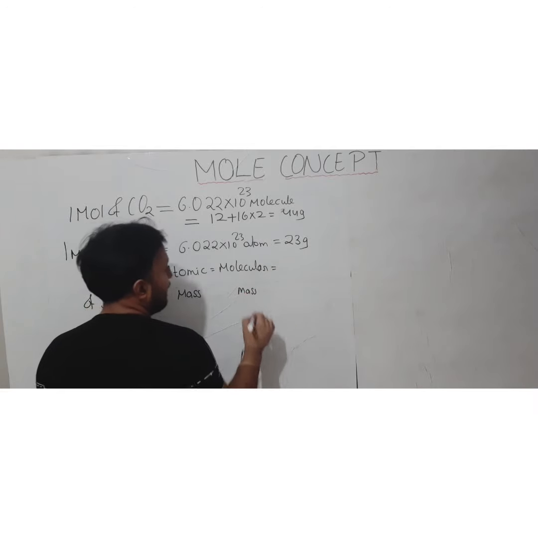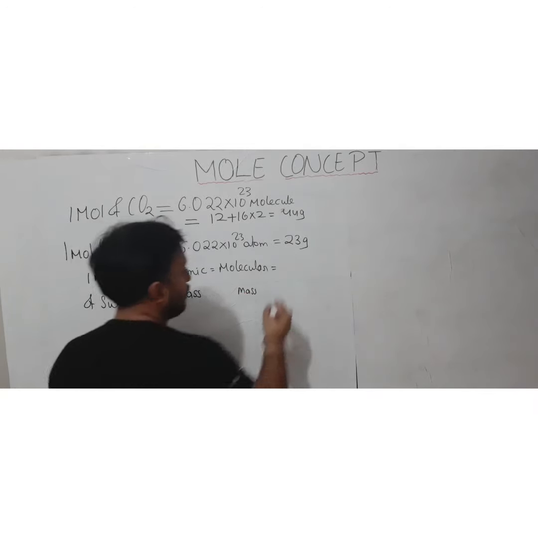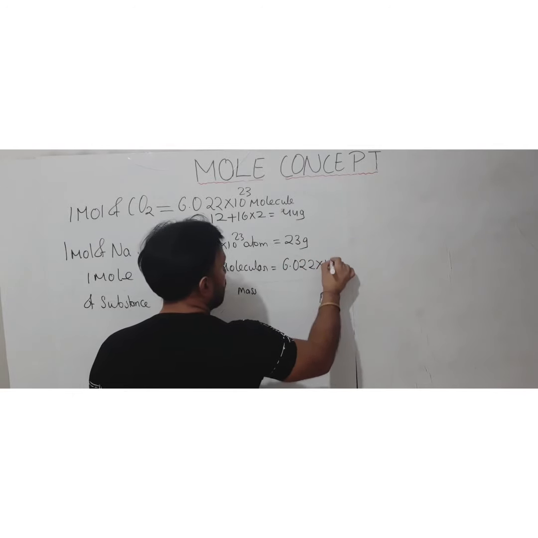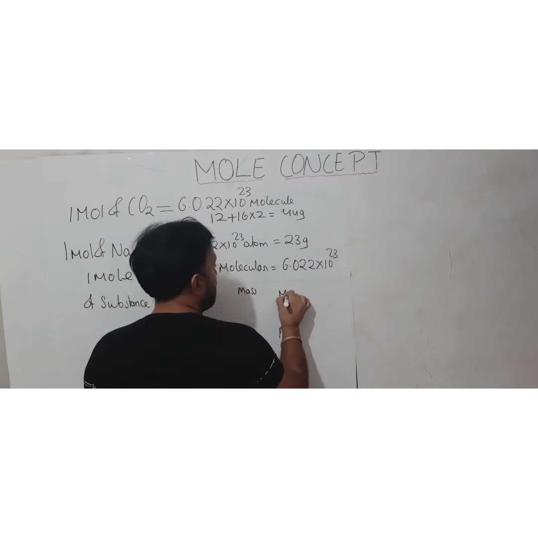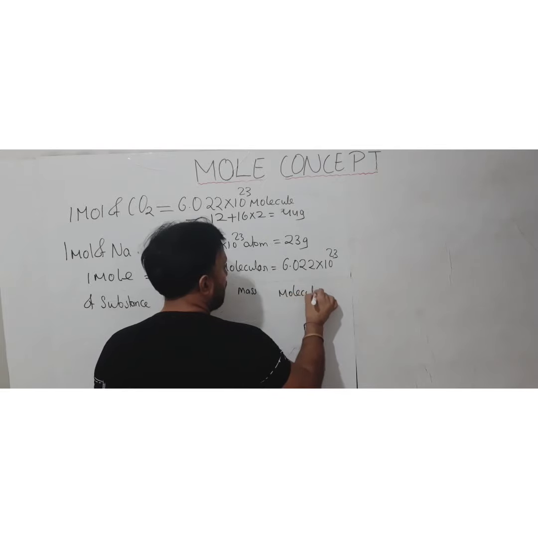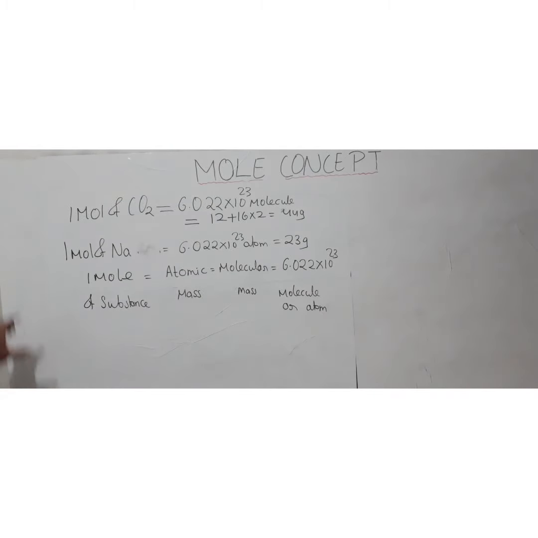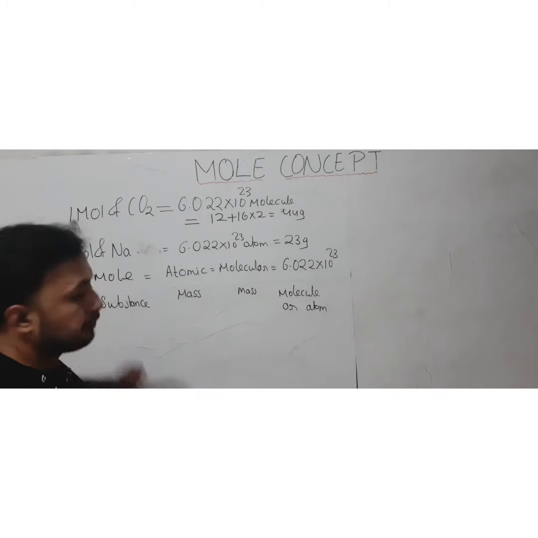And the number of entities, that is particles or molecules, will be equivalent to 6.022 into 10 raised to power 23, that much number of molecules or atoms, depending on which particle we are finding. So that is the relationship between them.